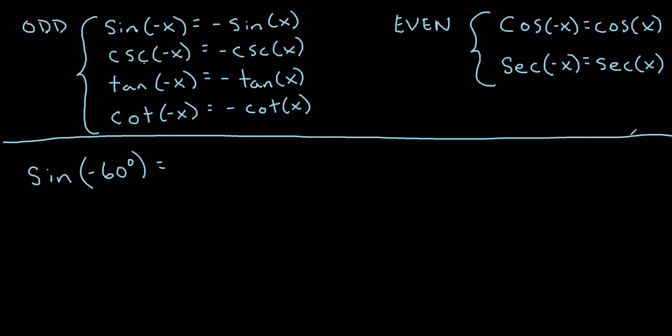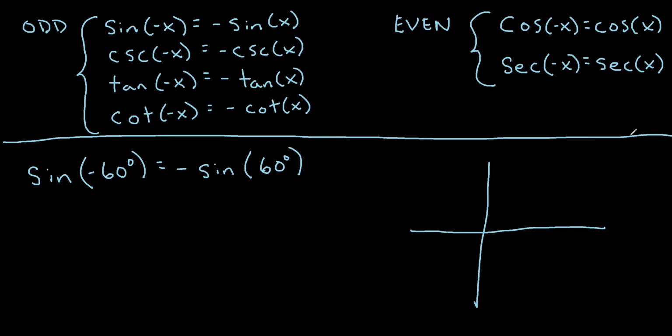Well, up here we can see that the sine of an angle is one of our odd identities. So the sine of negative 60 degrees will be equal to the negative sine of positive 60 degrees. So if we think about our unit circle, we know that 60 degrees, if we draw it over here, the point on the unit circle that corresponds to 60 degrees is 1/2, square root of 3 over 2.